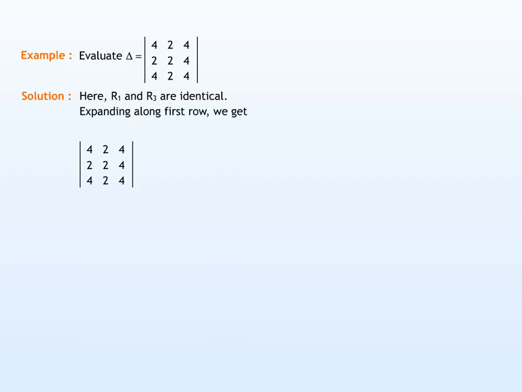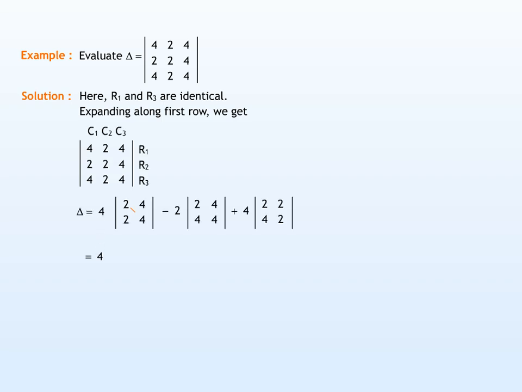Find the value of the determinant given here. In the given determinant, R1 and R3 are the same. Let's expand the determinant along the first row. We get delta equals 4 multiplied by (8 minus 8), minus 2 multiplied by (8 minus 16), plus 4 multiplied by (4 minus 8).